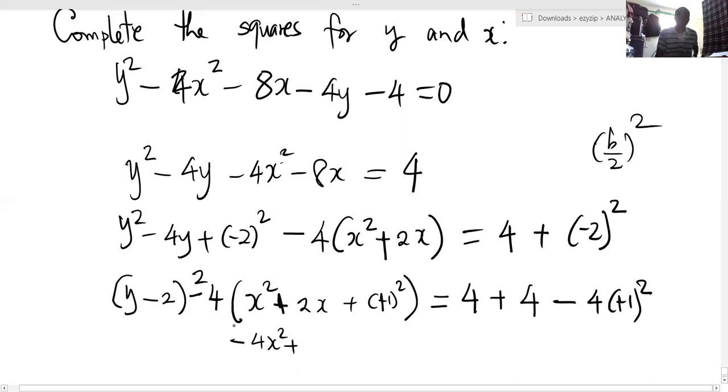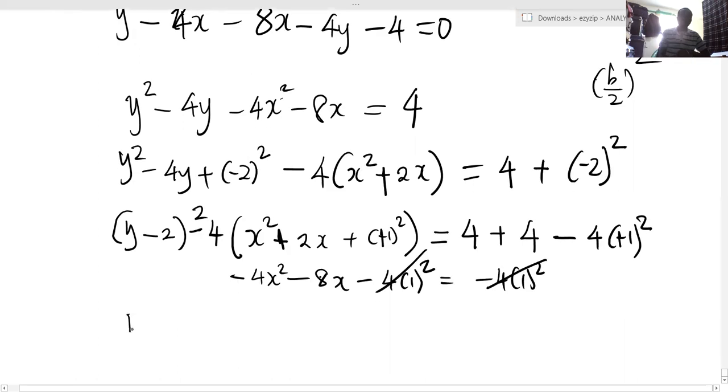So I'll have minus 4 times x squared plus 2x, and then minus 4 times 1 squared. This minus 4 times 1 squared is a strange term, so I have to balance the right hand side by also having minus 4 times 1 squared, so that this and this cancel out, so that the equation has the same original meaning.